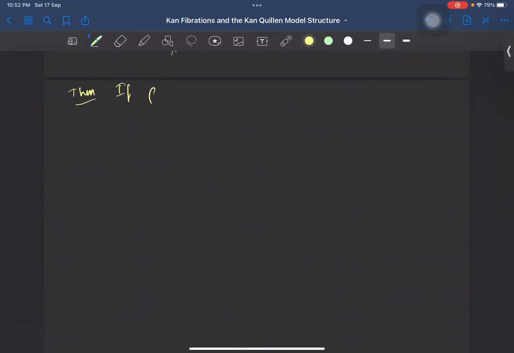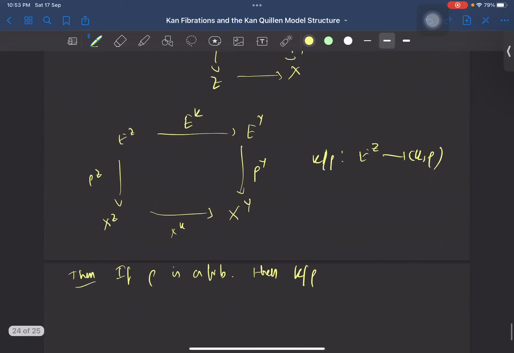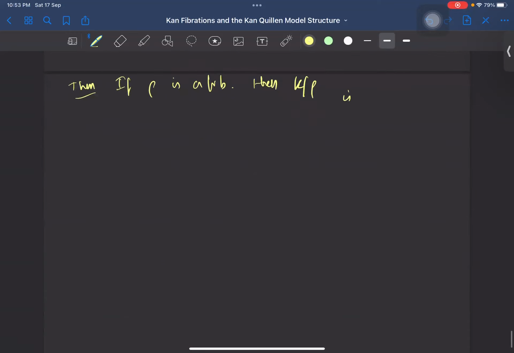Everything is as defined above. If P is a fibration, then the map that we just defined is a fibration, and this map is acyclic if K is anodyne or P is acyclic.